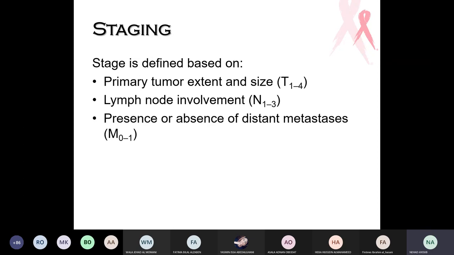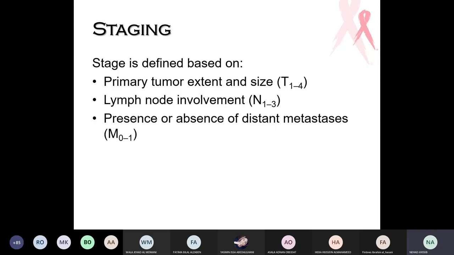And based on the number of lymph nodes containing cancer cells, we give a value for N going from 1 to 3. So if I tell you that the patient has N1 disease, it means there is lymph node involvement, a lymph node positive breast cancer, and the number of lymph nodes involved with cancer cells is from 1 to 3.